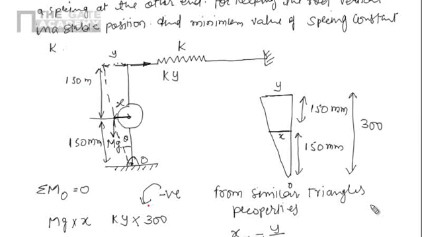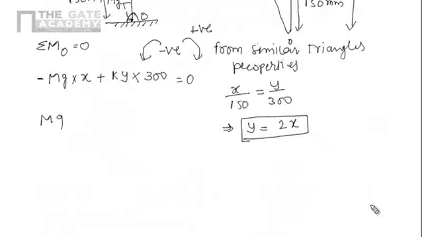Now we have to put sign. Due to this mg, it is anti-clockwise, so negative. Due to this ky, it is in the clockwise direction, so positive, equals 0. So now we have mg x equals ky into 300.